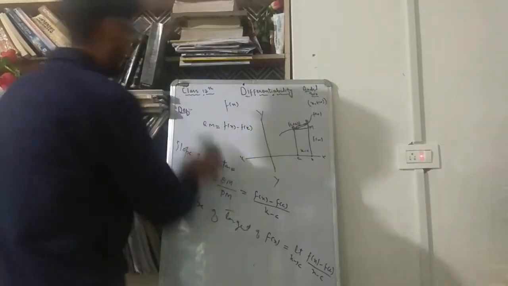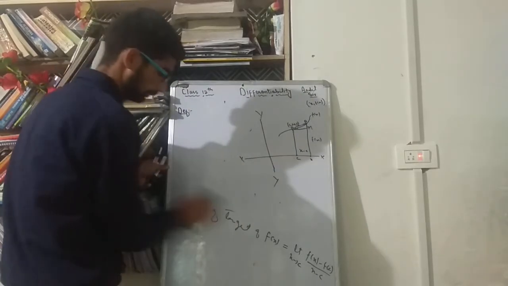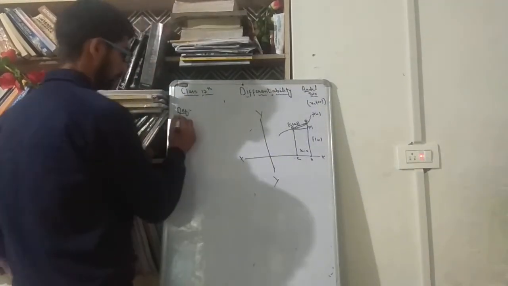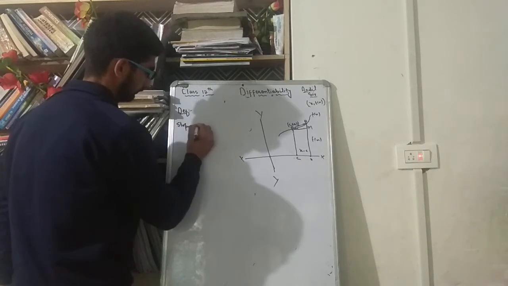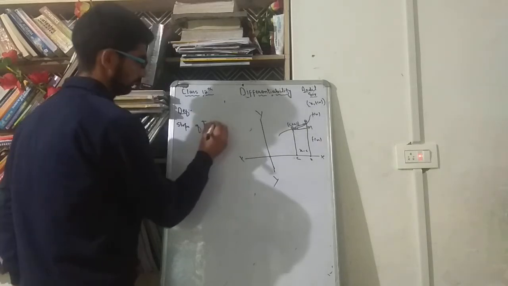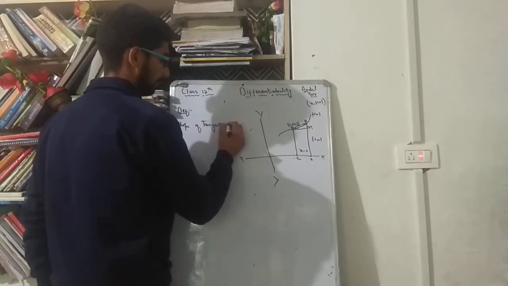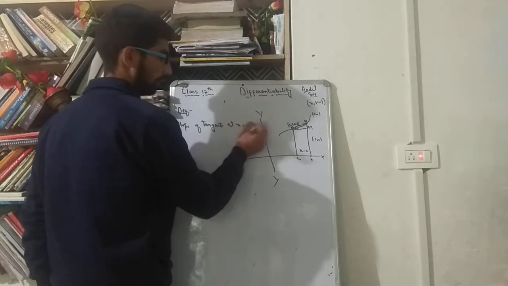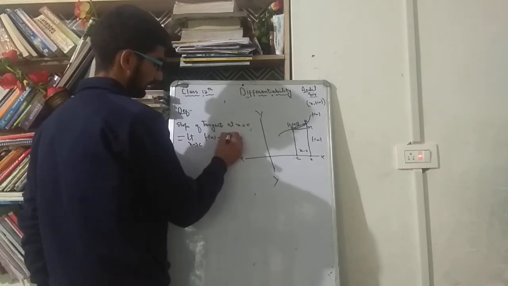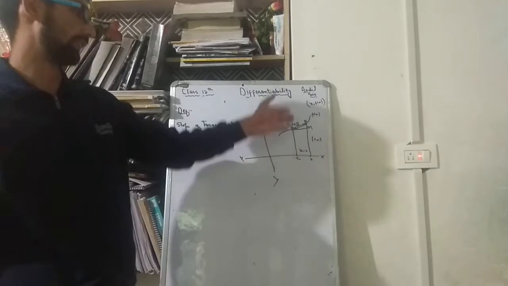This is the slope of the tangent of f of x at this point c.